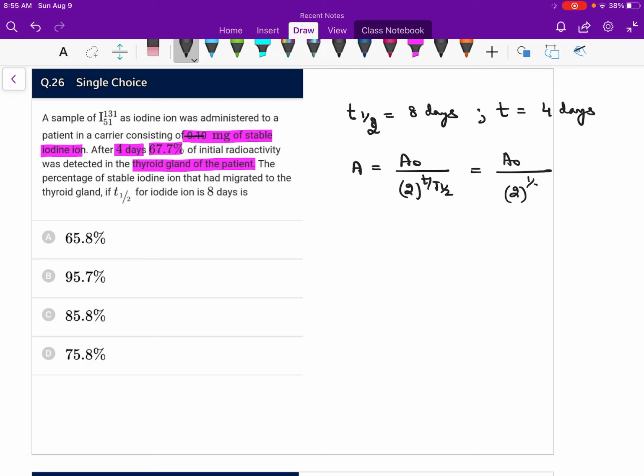So this is A naught upon 2 raised to power 1 by 2, that is A naught by root 2.